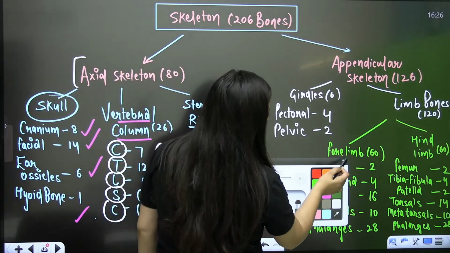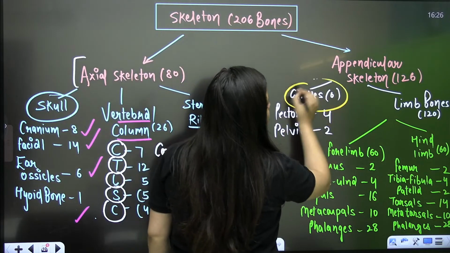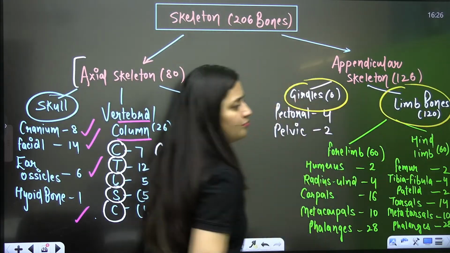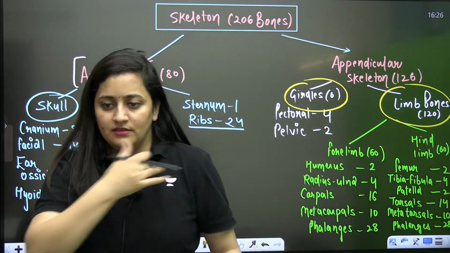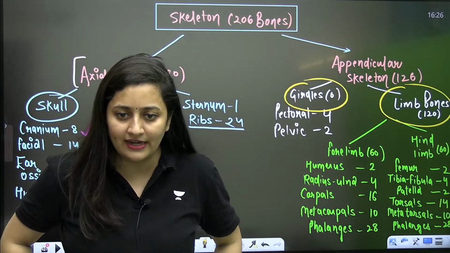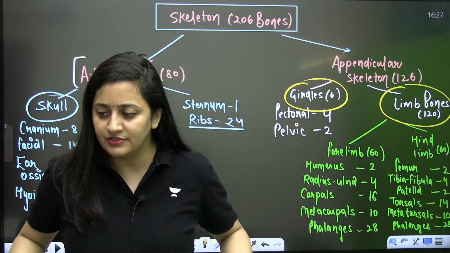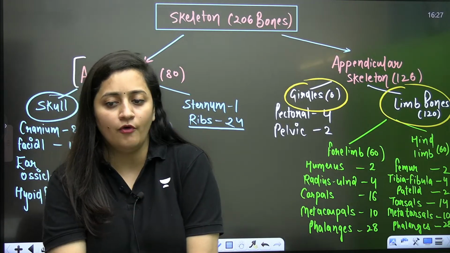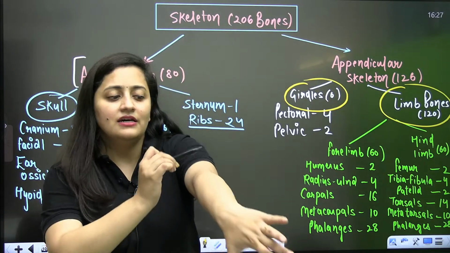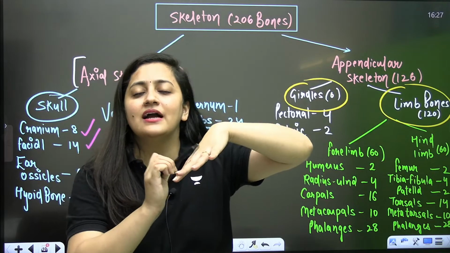Now when you talk about the appendicular skeleton, we'll be discussing the girdle and the limb bones. Like this is the limb bone. Humerus. 2 forelimbs and 2 hind limbs. When you talk about the forelimbs: humerus, radius ulna, carpal, metacarpal, phalanges.